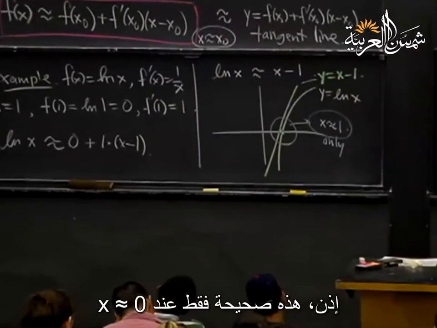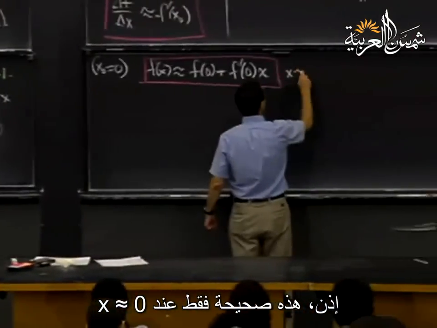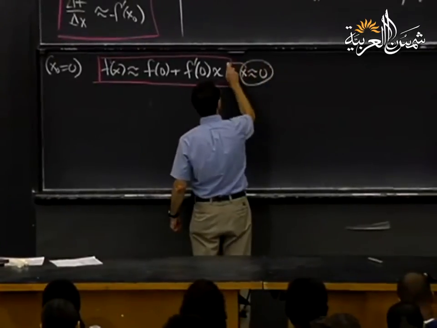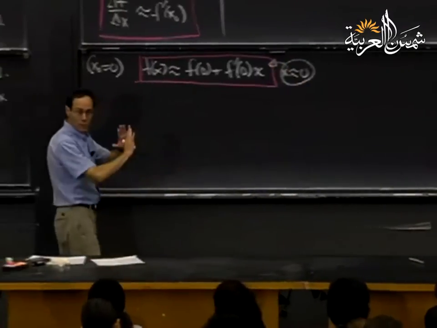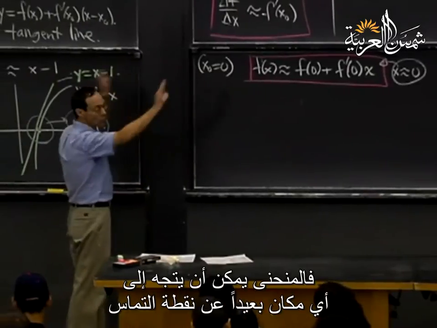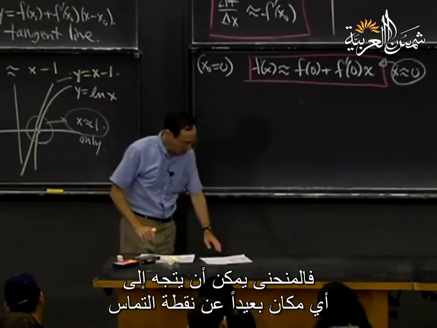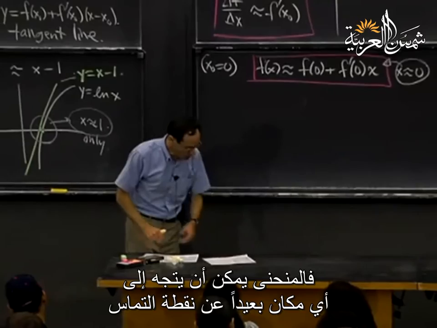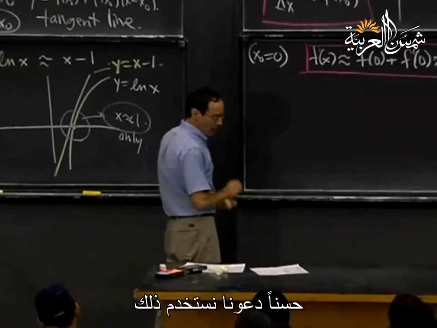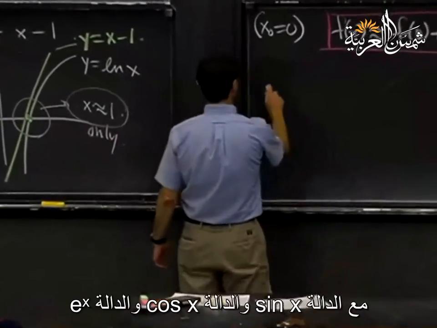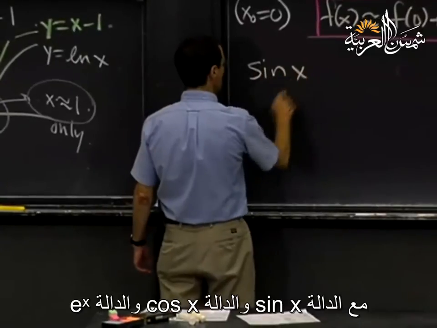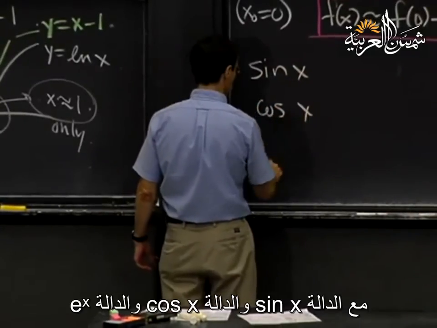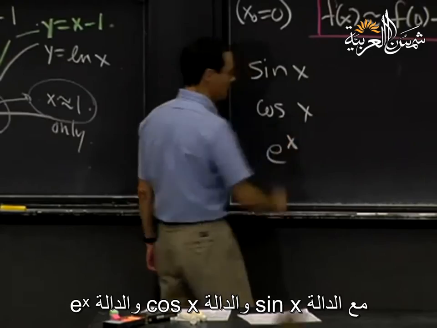So this one works when x is near 0. You can't expect it to be true far away. The curve can go anywhere it wants when it's far away from the point of tangency. So, okay, let's work this out. Let's do it for the sine function, for the cosine function, and for e to the x to begin with.